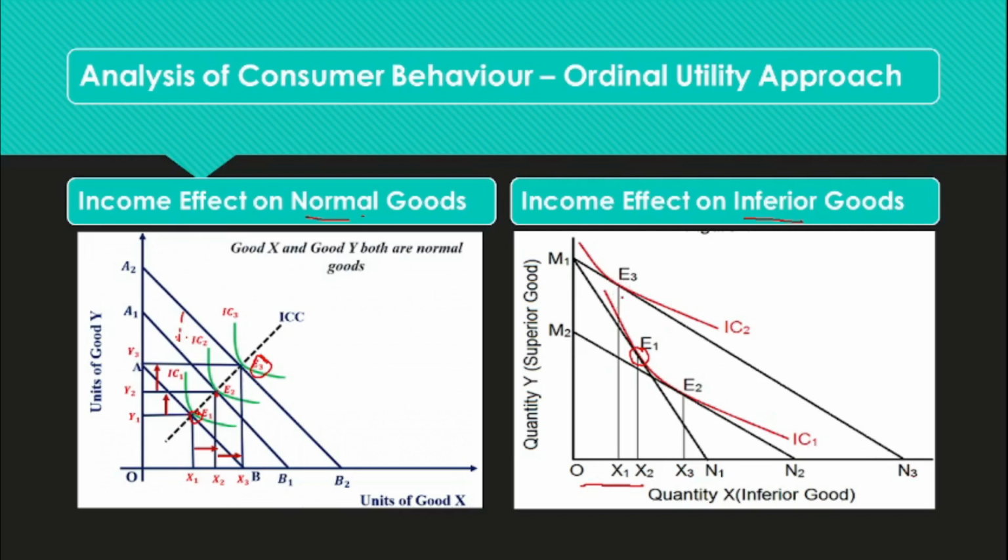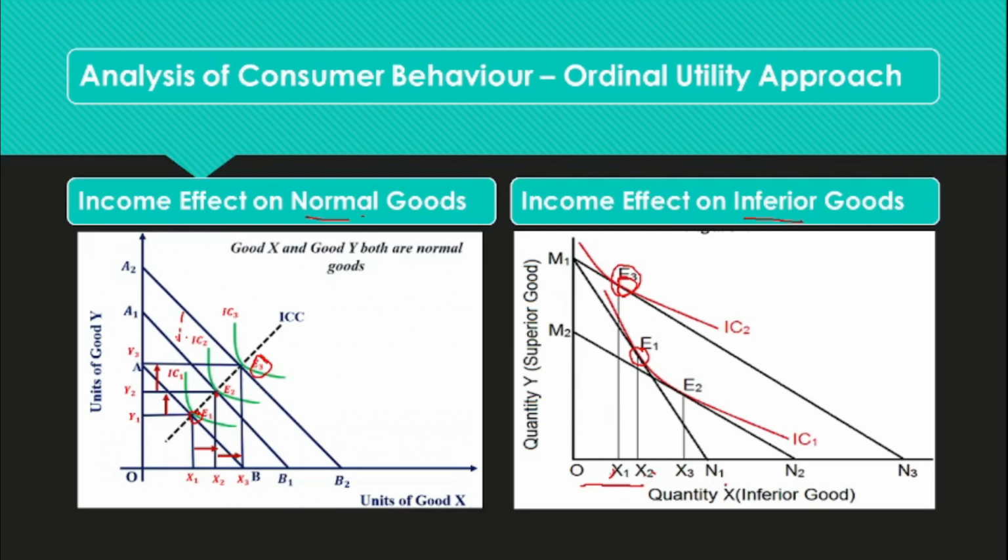Here we get the new equilibrium E3 because the M1N3 budget line is tangent to the higher curve IC2 at E3. So this is a newer budget line. But here you can see if you draw a line parallel on the x-axis you get OX1 quantity, which is lesser than OX2, while the quantity on the y-axis is increasing.